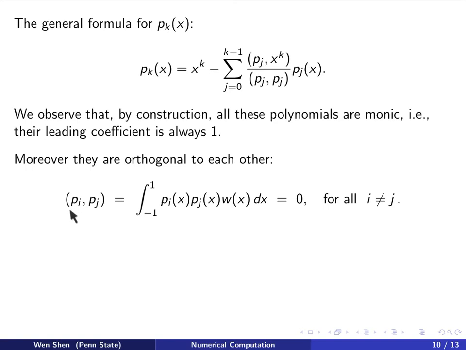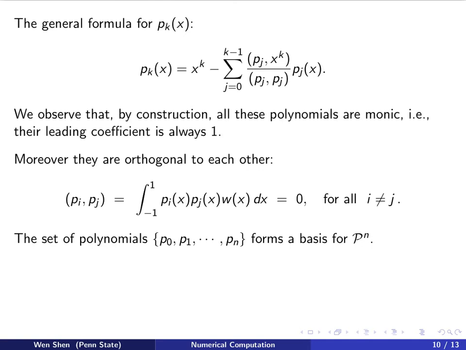That is, if you check the inner product between pi and pj, which is this integral, that will be 0 for all i different from j. Therefore, this set of functions p0, p1, to pn that's generated by this orthogonalization procedure, they form a basis for all polynomials of degree n, and actually they form an orthogonal basis for Pn, orthogonal with respect to the inner product that we just defined.